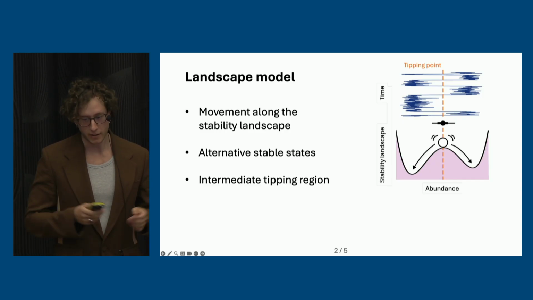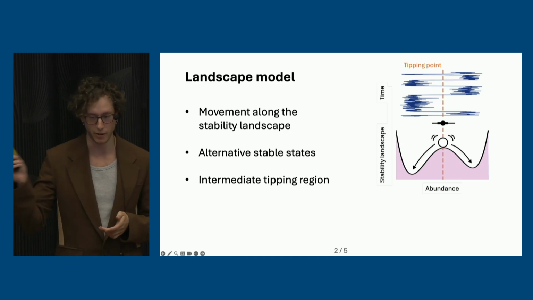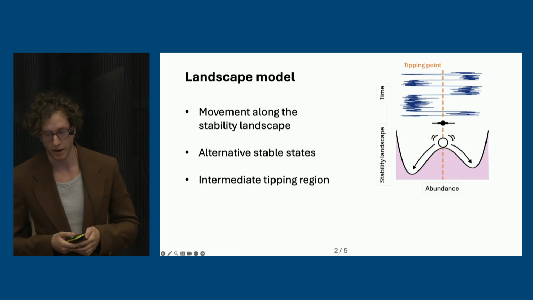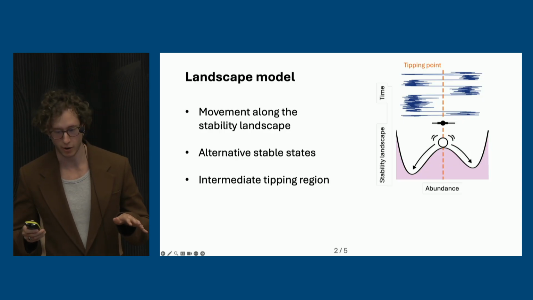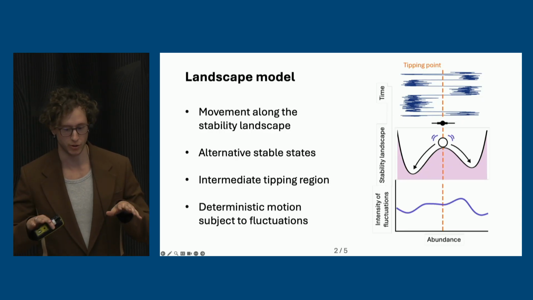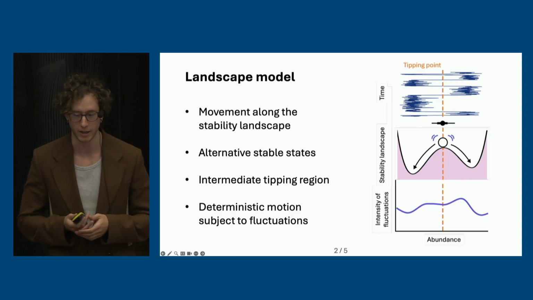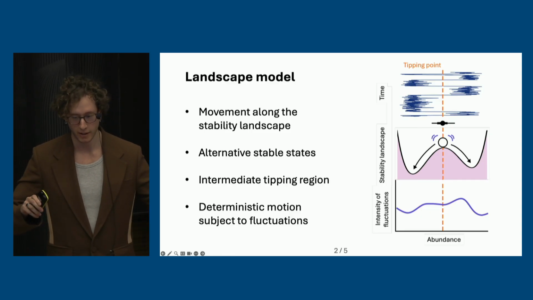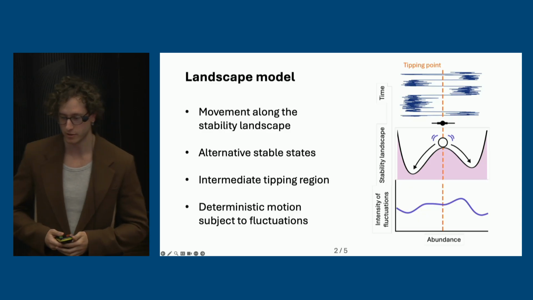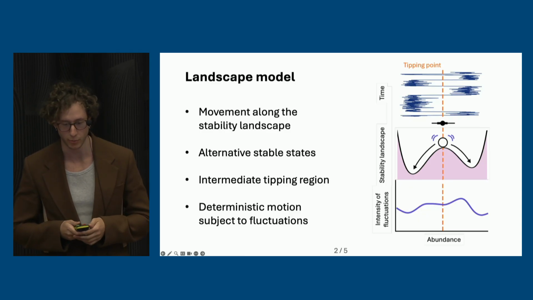Looking at the time series, it tends to spend time in one before hopping into another and back and forth. These stable points are mediated by this deterministic landscape, but it gets nudged along through random fluctuations. So we have this interplay between stochastic and deterministic parts, and we want to disentangle them and see how they work together.